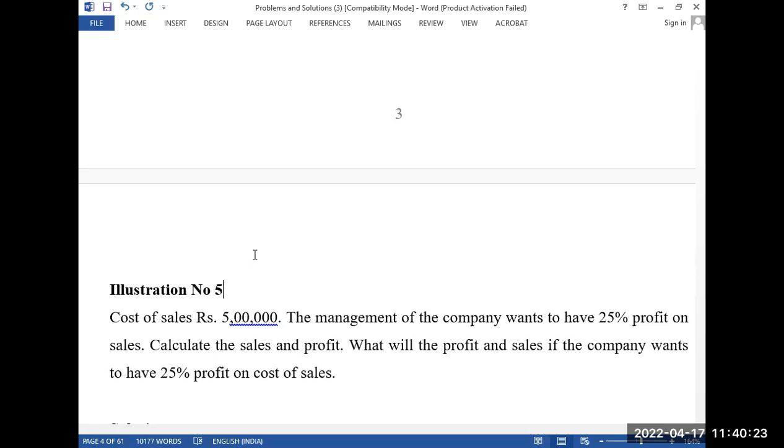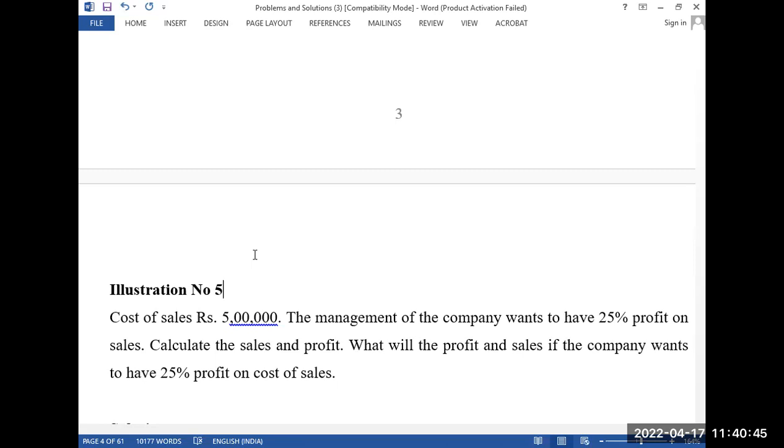Therefore, profit is equal to 25 divided by 75, multiplied by 5 lakhs. Okay, 25 divided by 75, the whole thing multiplied by 5 lakhs.